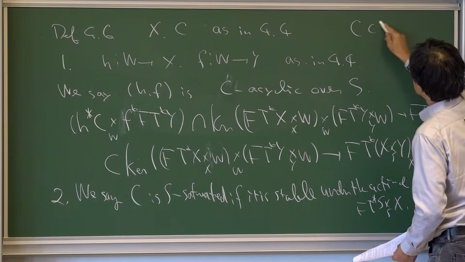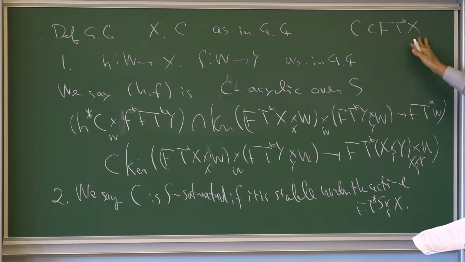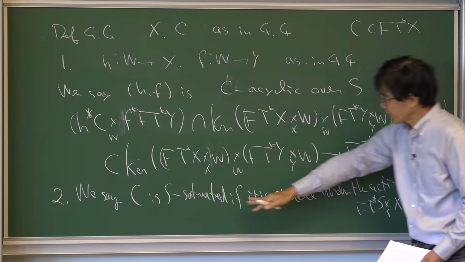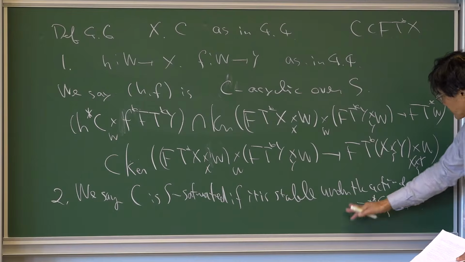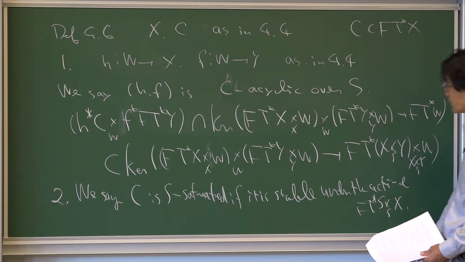So this is a closed conical subset of the Frobenius Witt cotangent bundle. So we have a natural map from here to there, and we just saturate this condition, that it is stable under the action of this line bundle.